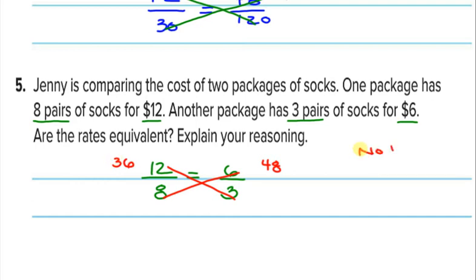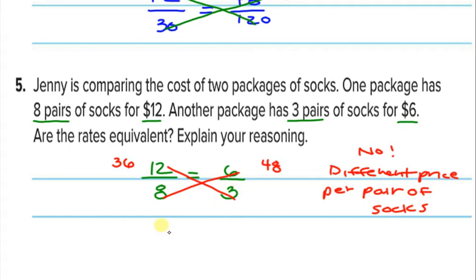So no, these ratios are not equivalent, and the reason why is because they are a different price per pair of socks. And you could take it a step further and find the unit rate to determine how much each pair of sock costs.